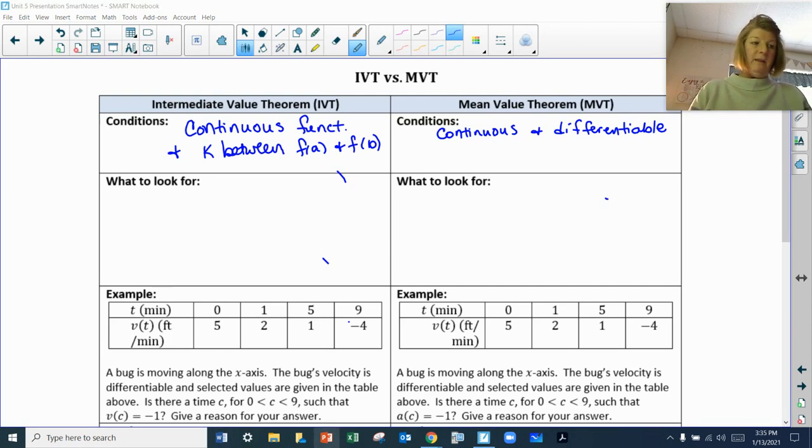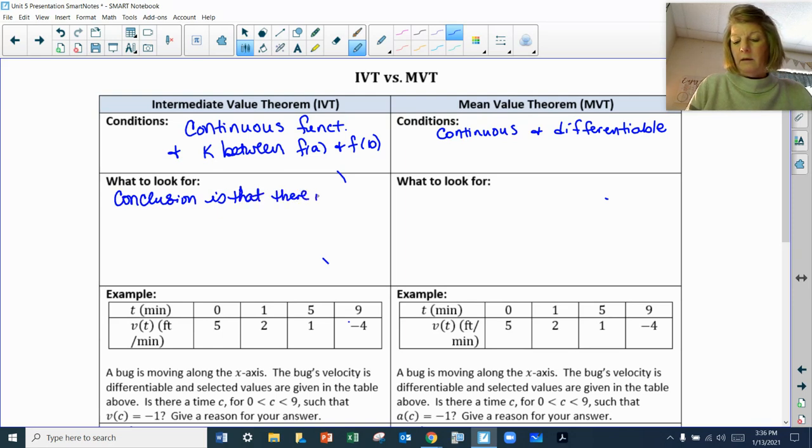Usually you're looking for your conclusion, that there is a value between, I'm going to say a y value between the y values presented in the table.